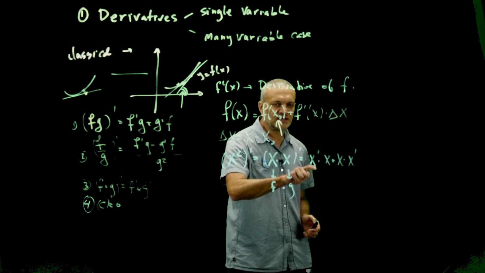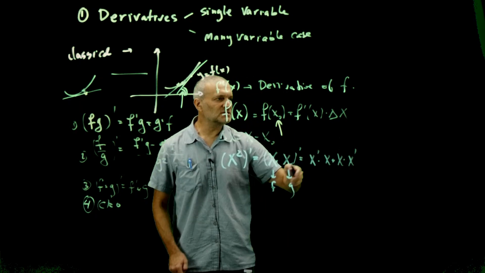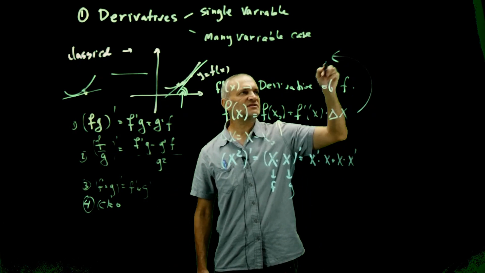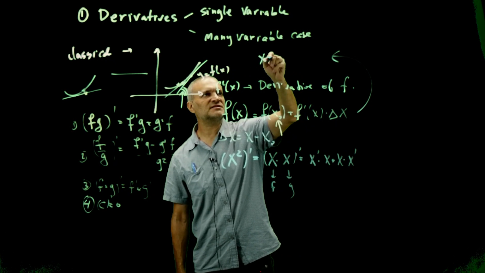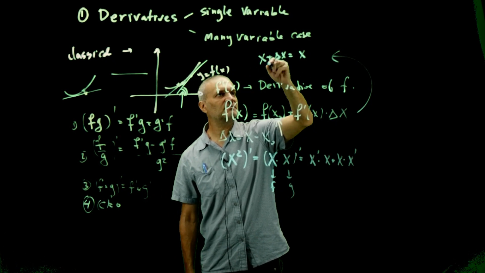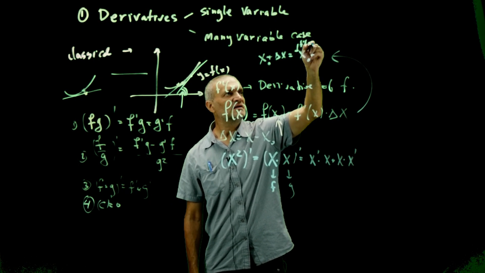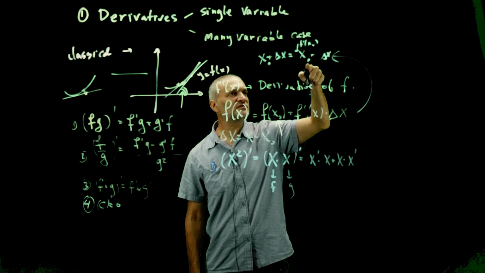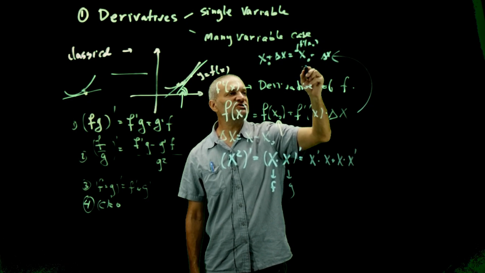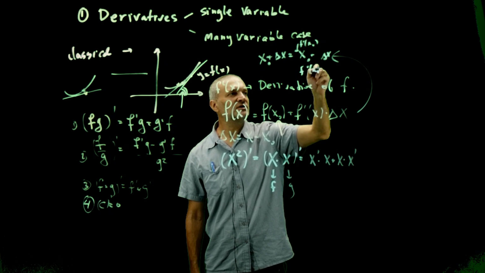Well, think about this. What is the derivative of x? If you look at this formula, you know exactly what the derivative of x is, because x0 plus delta x equals something, here's the derivative, times delta x. So if you solve this equation, it is going to give you that f prime of x0 is just 1.